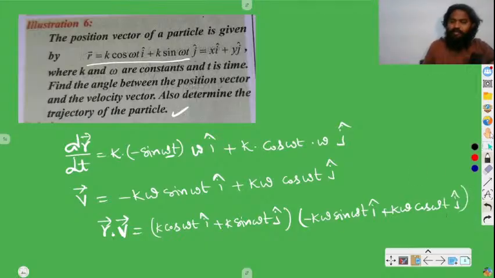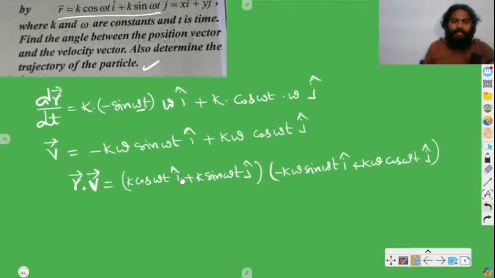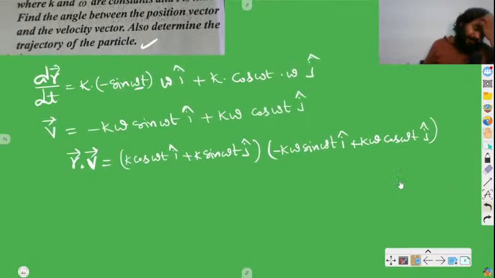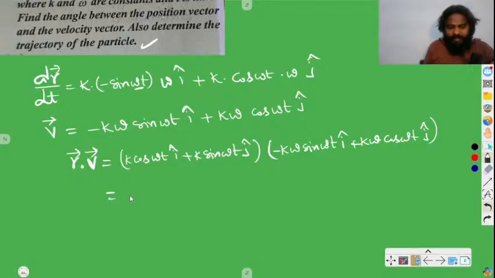Let us see what happens when we do the dot product. While doing the dot product, you should remember that you multiply i cap with i cap only. Now if you multiply i cap with i cap, what happens here? Plus into minus k square omega cos omega t sin omega t, that's it.